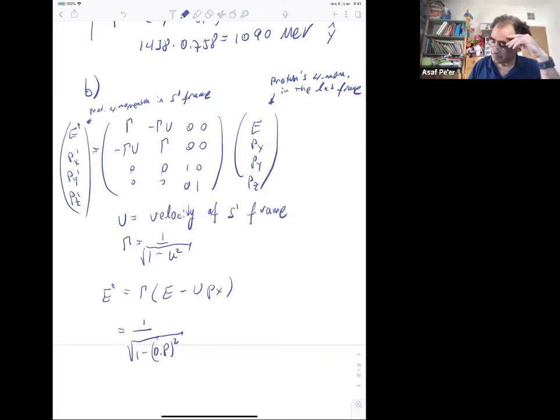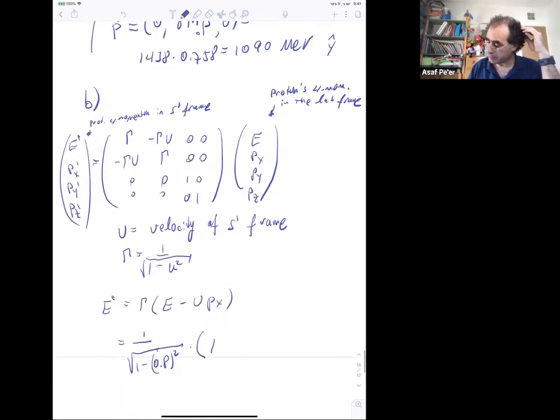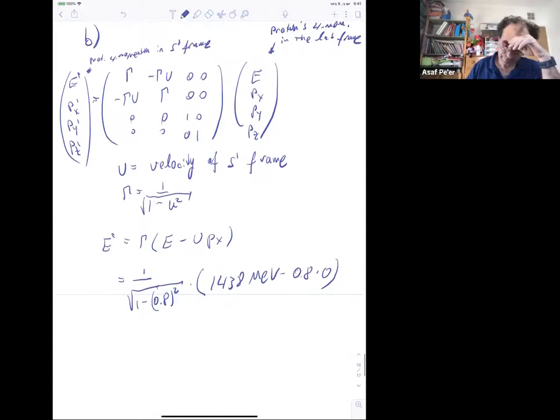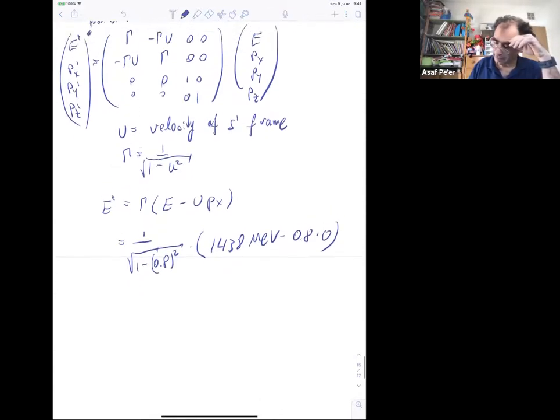Times, we said E is 1438 MeV, minus 0.8 times 0. So you end up with 2396 MeV.